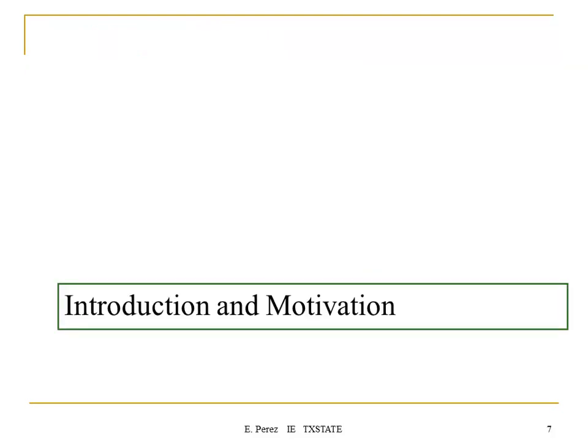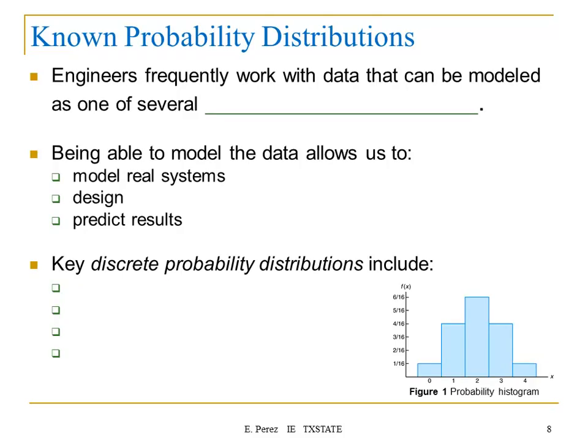Okay, so let's go through the introduction and motivation. So, as engineers, you will be frequently working with data that can be modeled as one of several known probability distributions. So these models are already studied, they have some derivation that goes behind them, and they are used to describe specific scenarios or experiments that are very common.